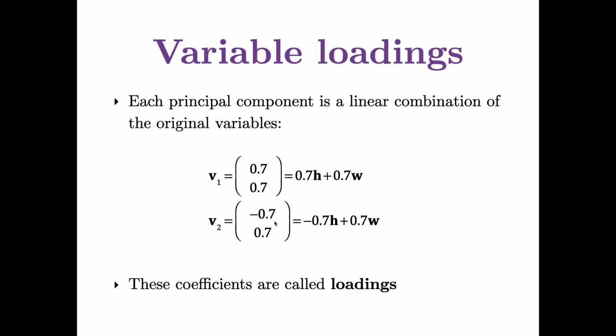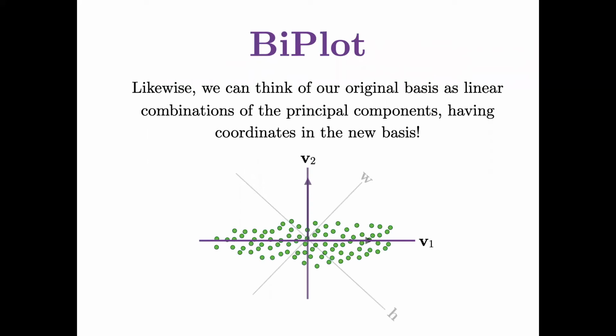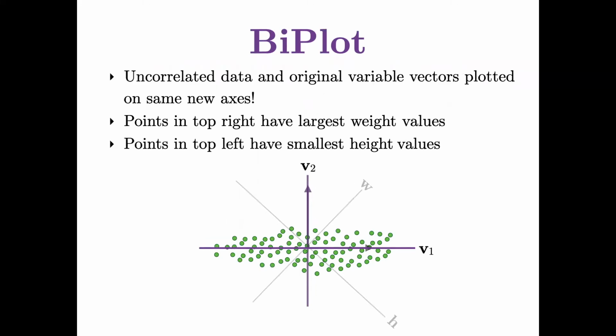Now, these entries give us the loadings of each variable onto that principal component. As it turns out, I can actually use these formulas in reverse to think of our original bases, weight and height, as linear combinations of the principal components. But what I really want to get across here is this idea of a biplot.